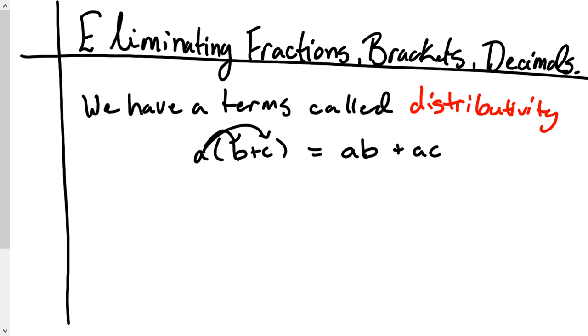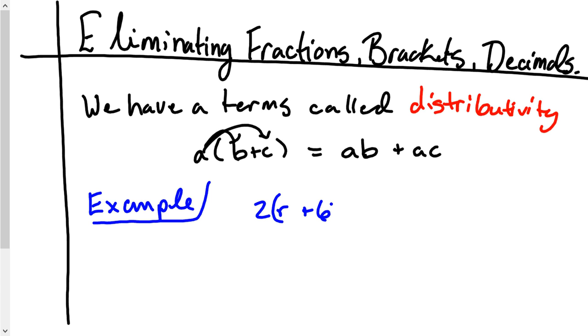So let's use a numerical example. Okay, then we will take this 2 and we'll multiply it in. So it is really 2 times r plus 6 times 2 is equal to 2.